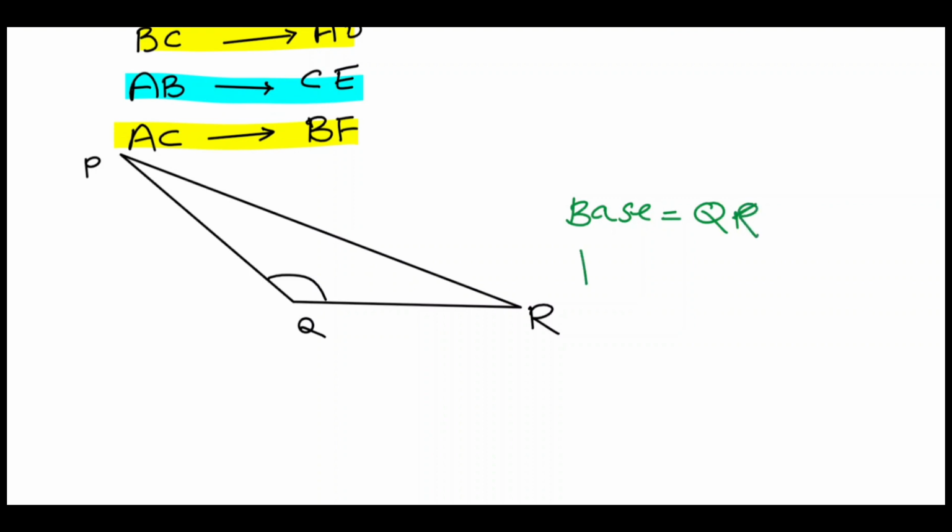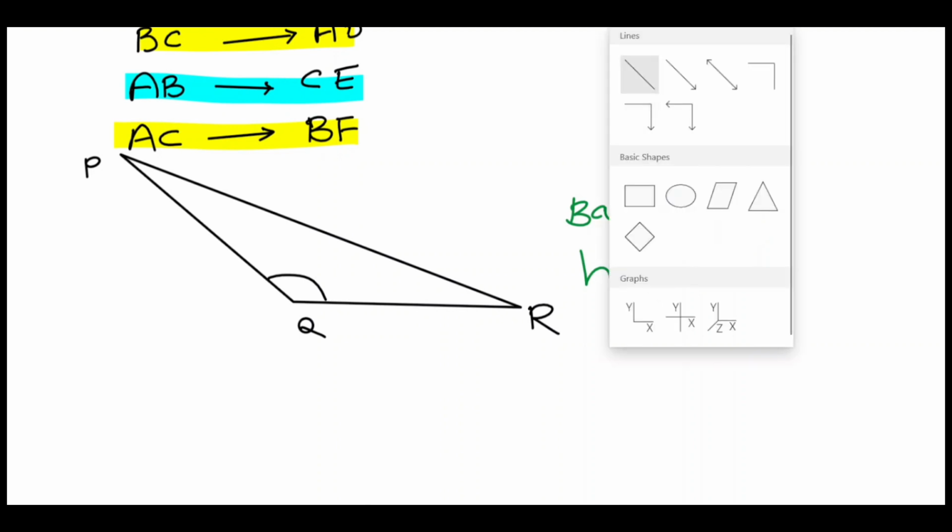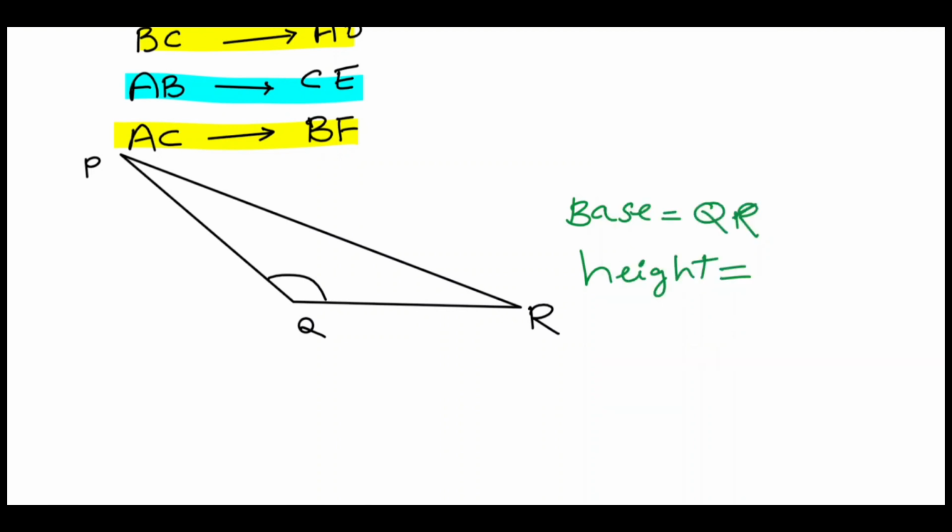How to consider the height? I think some of the students know this very well. For those who have doubt, I'm going to give clarity here. If you want to find the height, we need to extend this QR side. Yes, we can produce it like this.